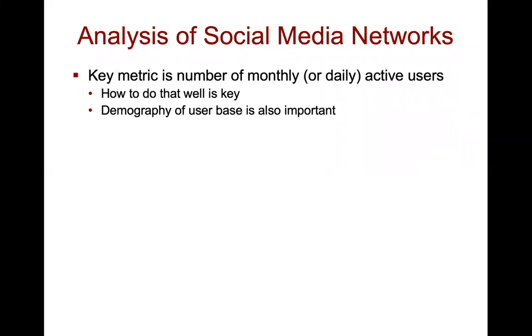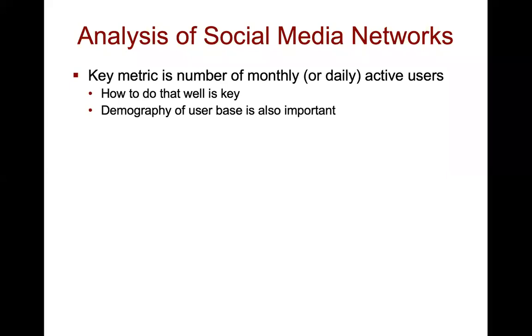But how about analysis? I told a lot here about how complex this data is, how difficult to process it, but how are we going to do it? And what are the key metrics of social networks? I would say that the key metric, of course, is the number of monthly or daily active users.